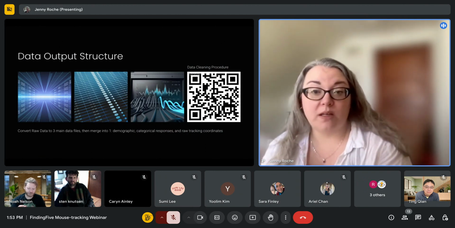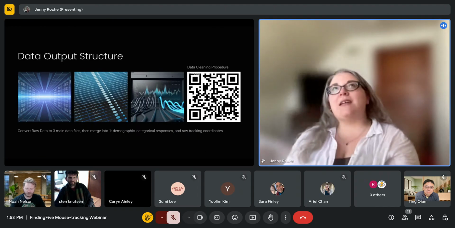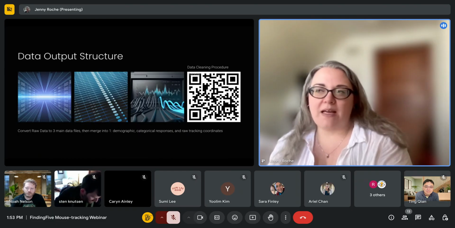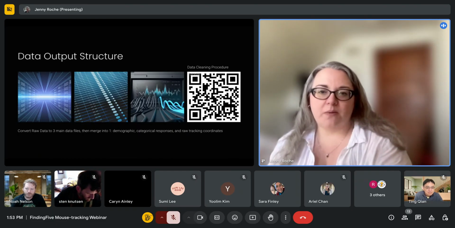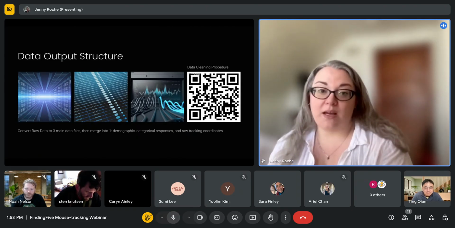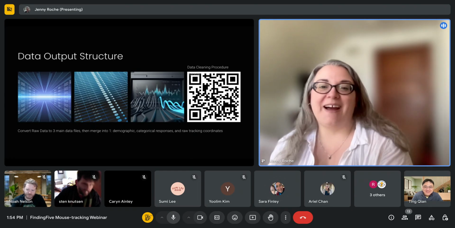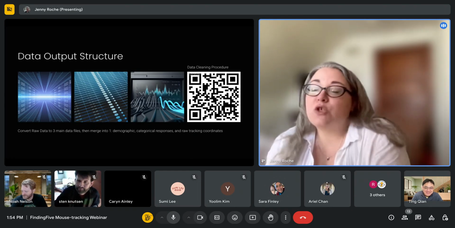It takes time in the beginning when you're trying to figure out the data structure. But once you figure it out, I can clean data from 100 participants in about an hour and a half. And that's with getting the mouse tracking variables using the Mousetrap program. A tongue twister. But it's great.